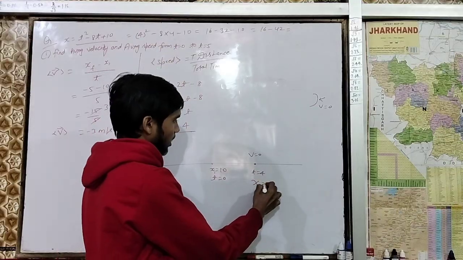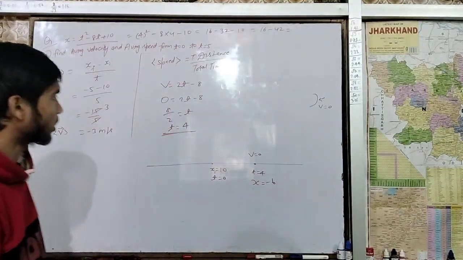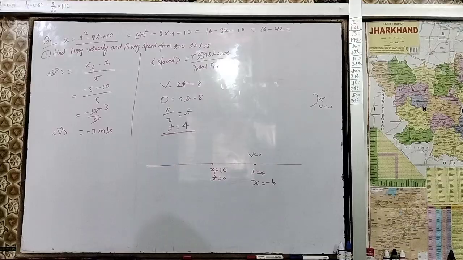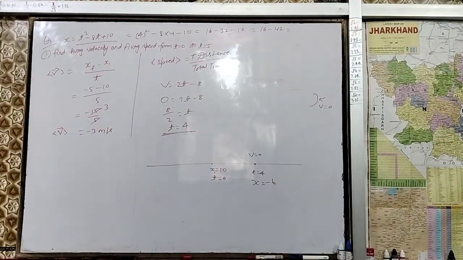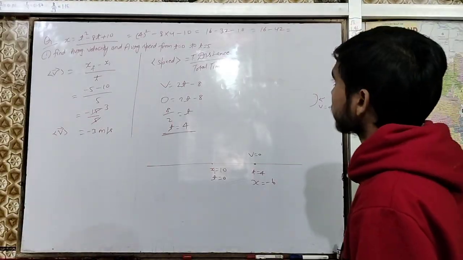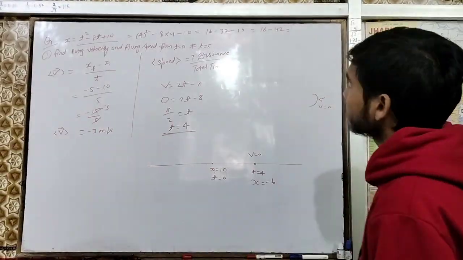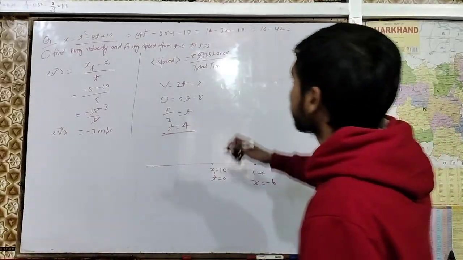So x is coming as minus 6 over here. But how? The question is how? 4 4s are 16, minus 8 4s, and this is a plus.